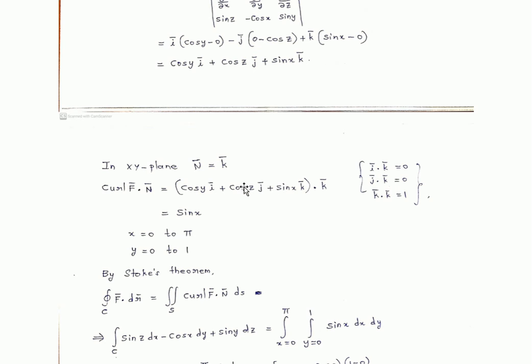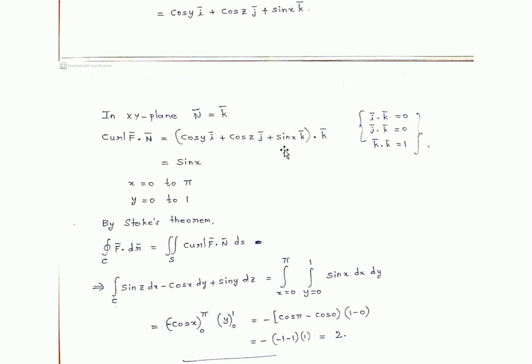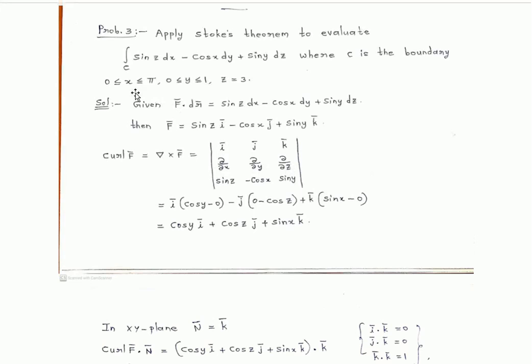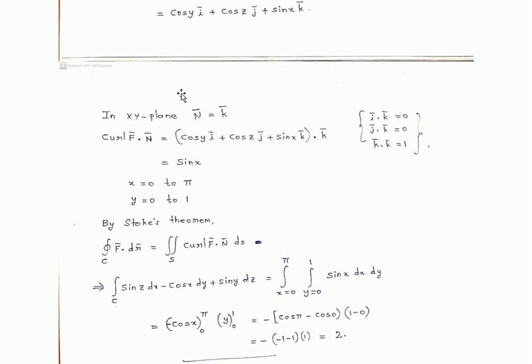So i bar dot k bar is 0, j bar dot k bar is 0, k bar dot k bar is 1. So you will get only sin x. Now coming to the limits, limits are given clearly in the problem. There is no need of a rough diagram. Without a rough diagram, limits are directly given in the problem. X limits 0 to pi, y limits 0 to 1 is given in the problem.